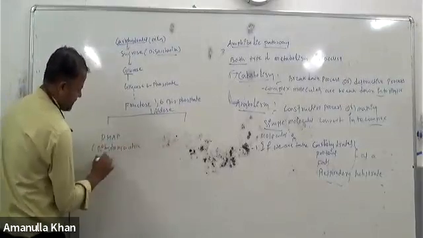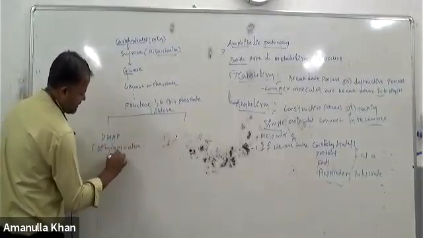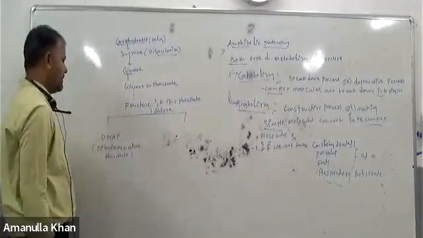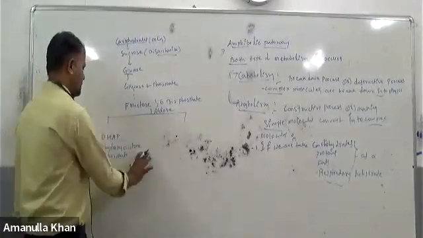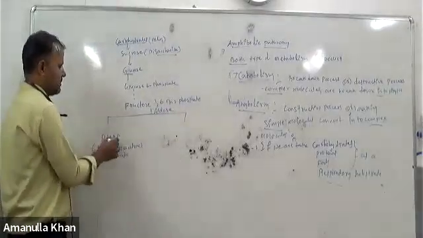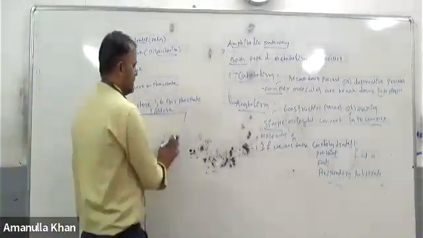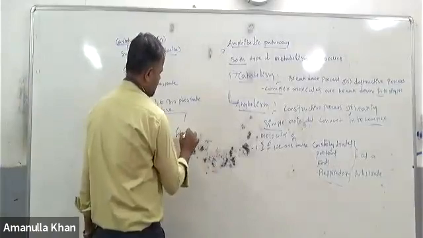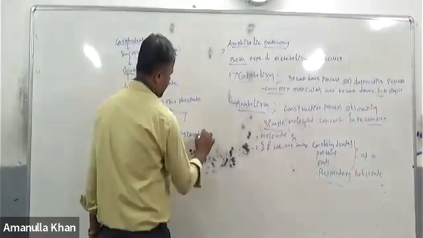D for di, H for hydroxy, A for acetone, P for phosphate. Then glyceraldehyde 3-phosphate.